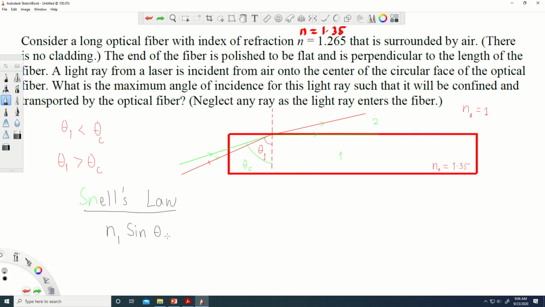We'll use theta c later. And then refractive index in medium 2 is n2, times sine of the angle of refraction, or the angle in the second medium. In this case, the angle in the second medium is theta 2, or for this green one, the angle would be 90 degrees.